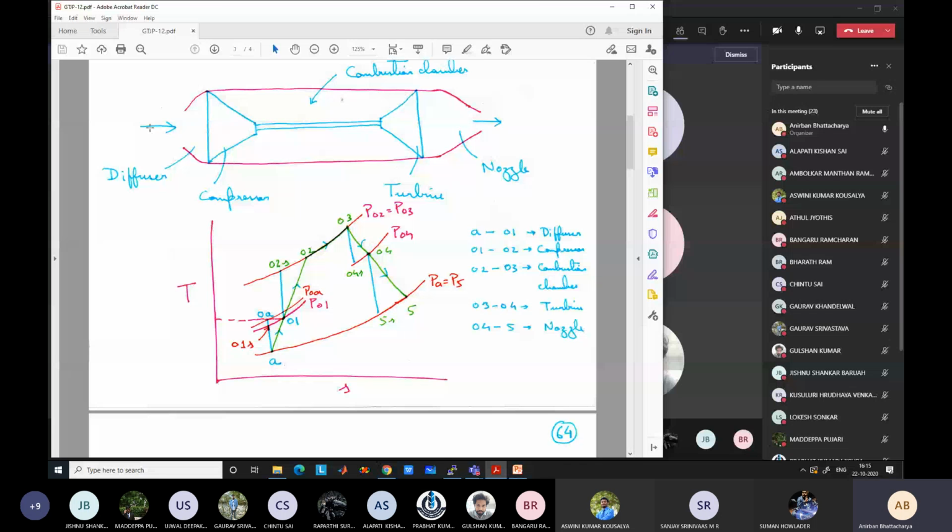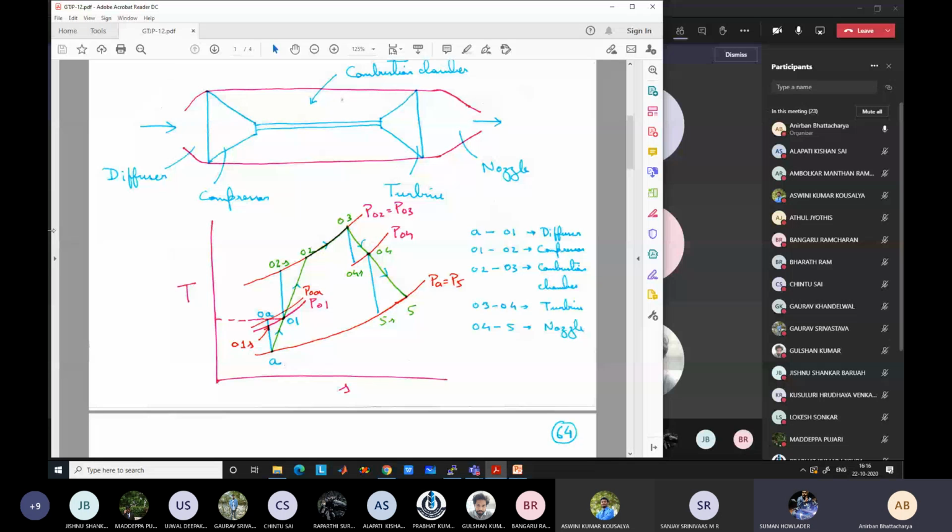What is the relation between TA and T0A? T0A is equal to TA plus VA square by 2cp, where VA is the velocity.